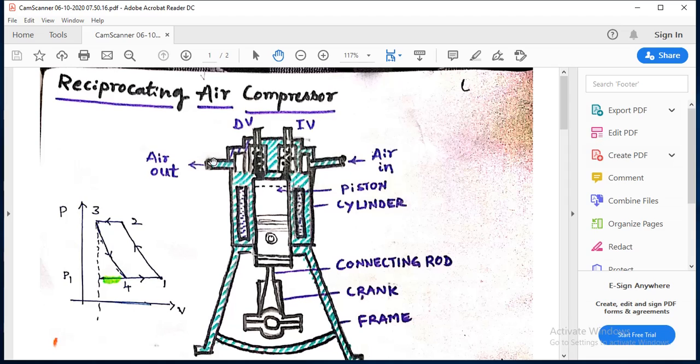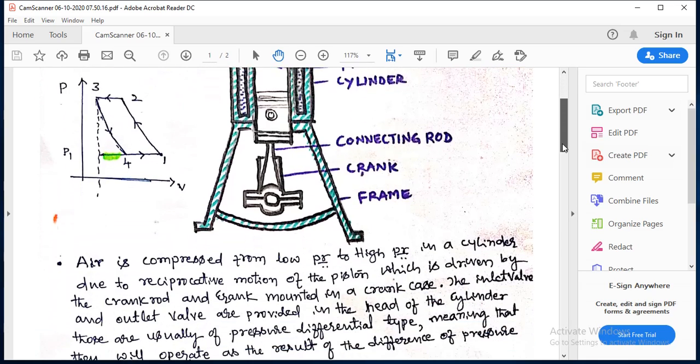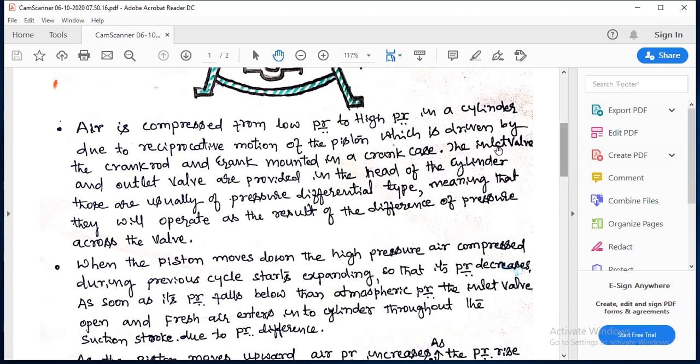So this is the working of reciprocating air compressor. This is the single stage reciprocating air compressor. Single stage means the air is compressed from initial pressure to the final pressure only in one cylinder. And I have written the explanation here so that you can go through.